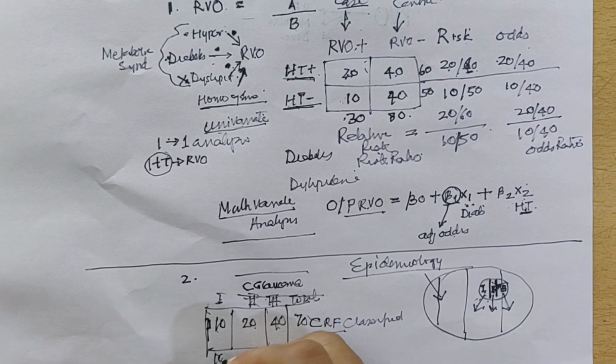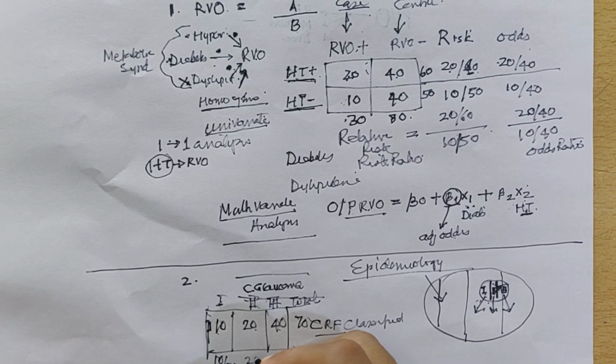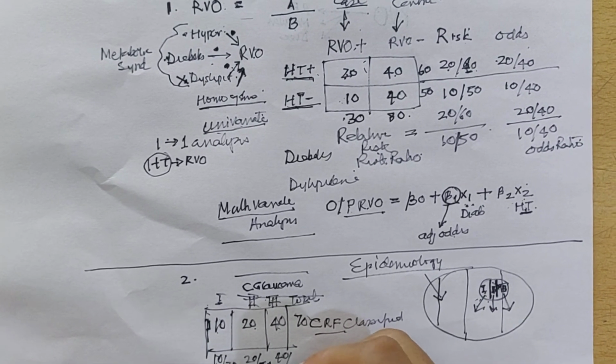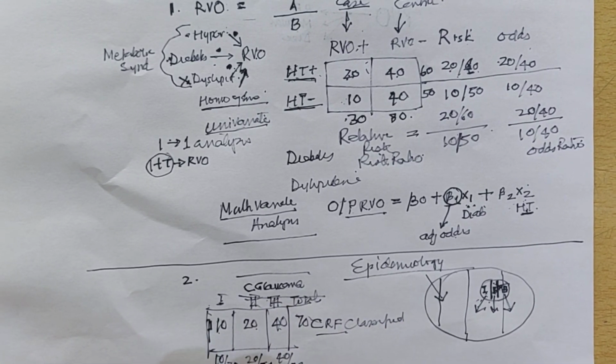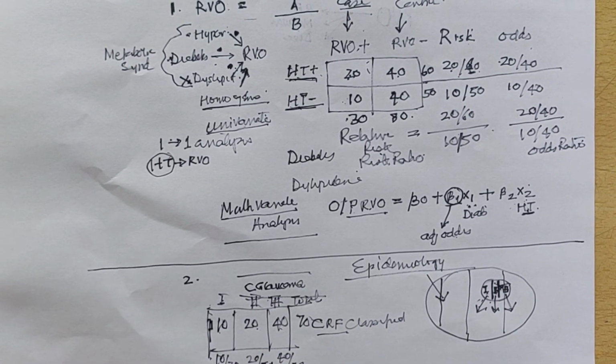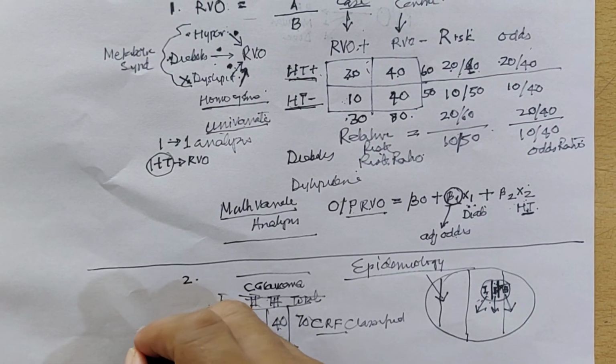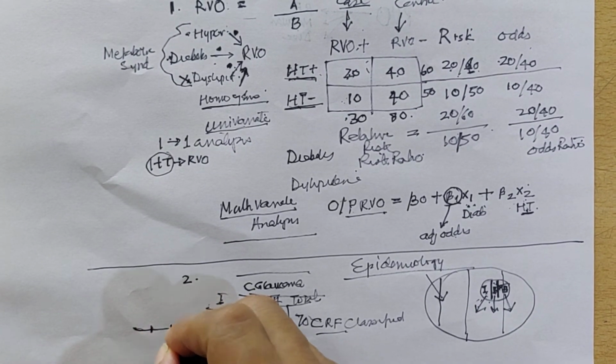So here the number is 10 upon 70, here the number is 20 upon 70, and here the number is 40 upon 70. Now each of these numbers will have a confidence interval. These are point estimates, and you will have a confidence interval around them.